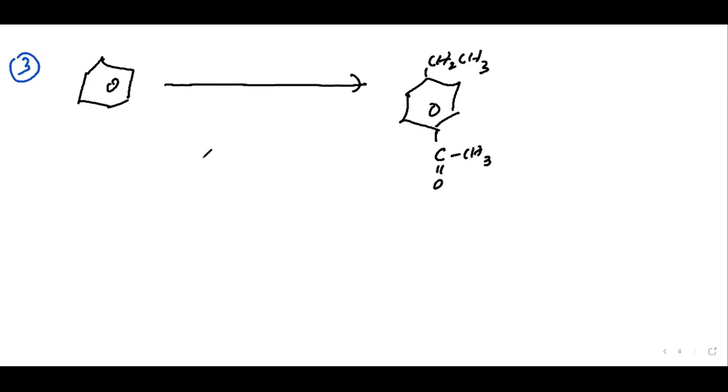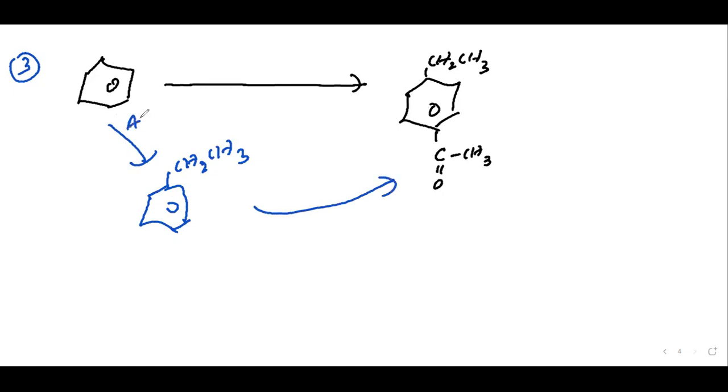Yeah, very good. Because ethyl group is ortho-para director, and the ketone group is meta director. Very good. Okay, so you have to add ethyl group first. You have to add here CH2CH3 first, and then you have to add the ketone group.